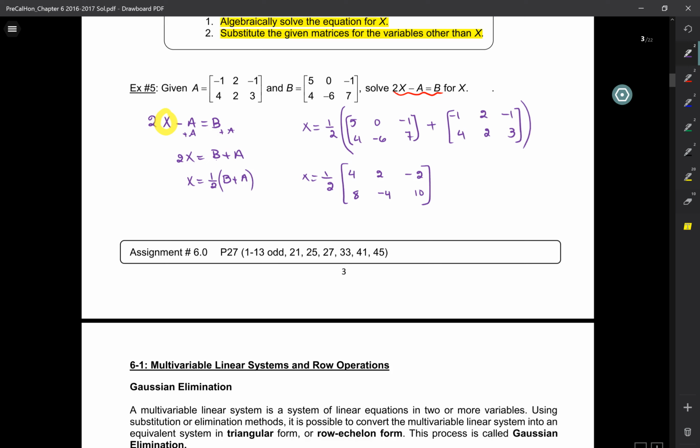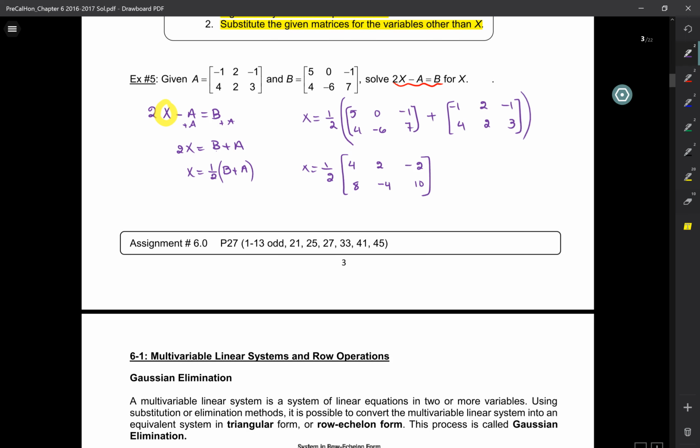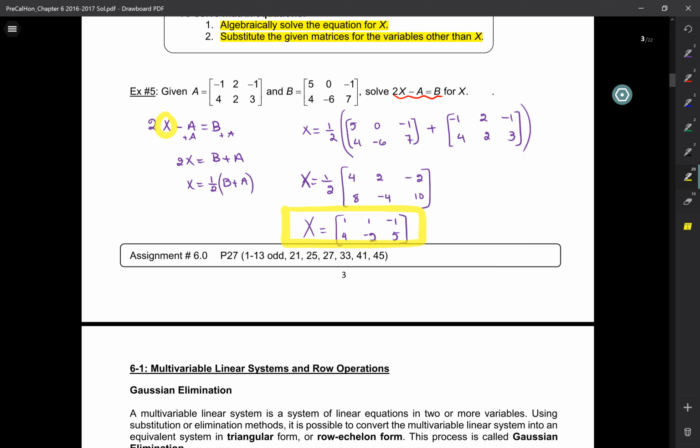And now when I distribute the half, my matrix, this is a capital X, X is going to be 1, 1, negative 1, 4, negative 2, 5. There we go, our very first matrix equation.